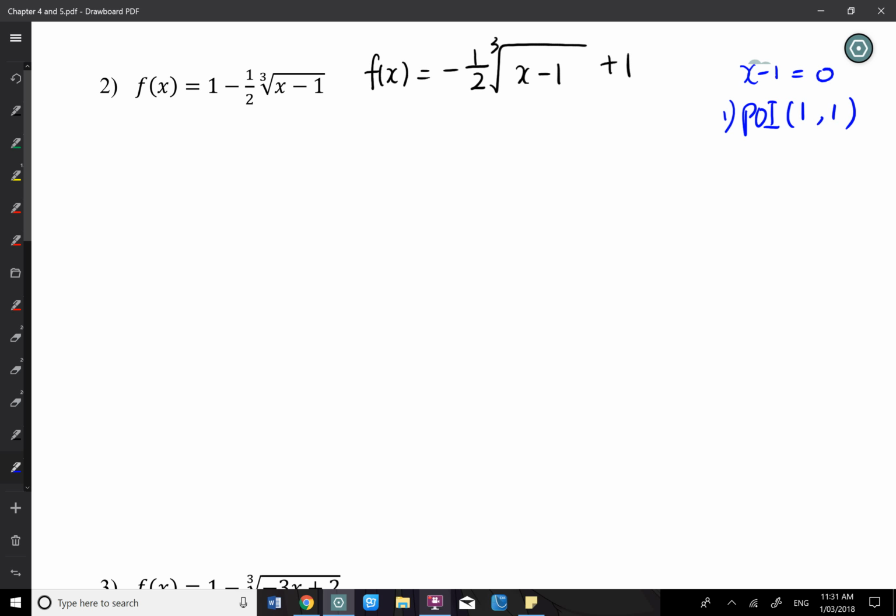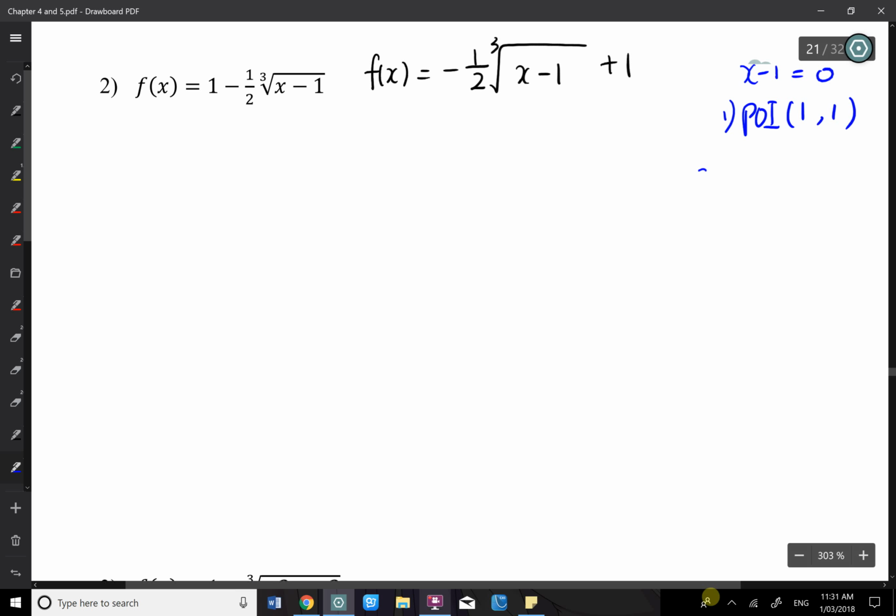So 1, 1 is the point of inflection. Second, x is positive but a is negative, so it must follow a decreasing shape.